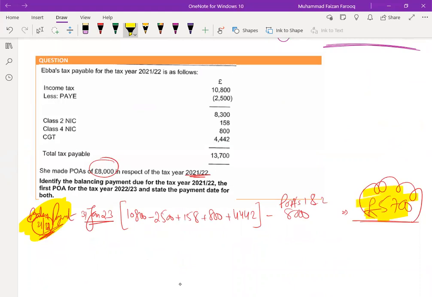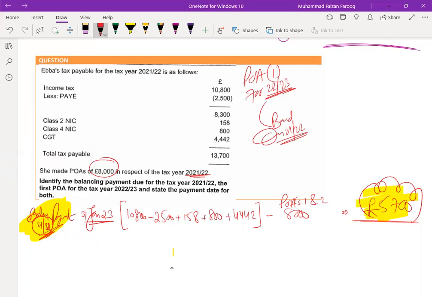What about POA? POA 1 for 22-23 will be based on 21 previous year data.